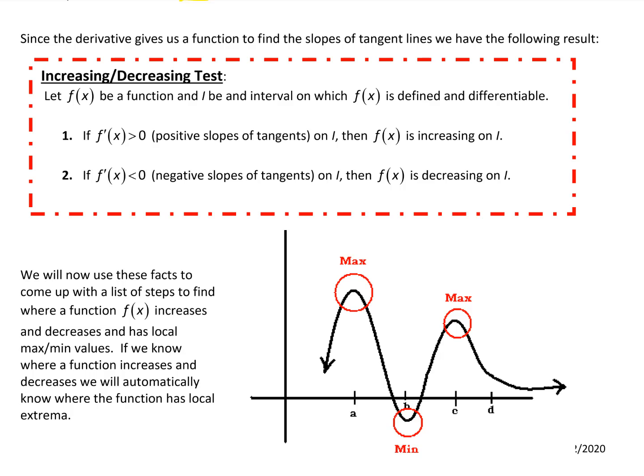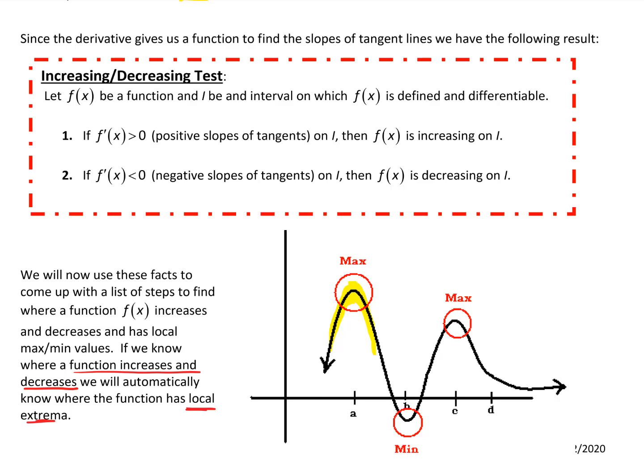Not only can we do that, but once we know where it's increasing and decreasing, that will actually give us information about the maxes and the mins. So notice what's happening here. If we know that the function is increasing and then it hits a horizontal tangent line and then starts to decrease, that would automatically have to be a max.